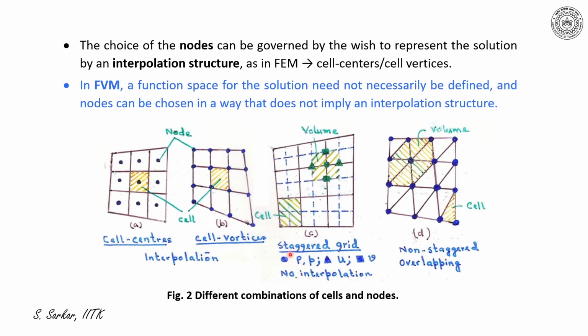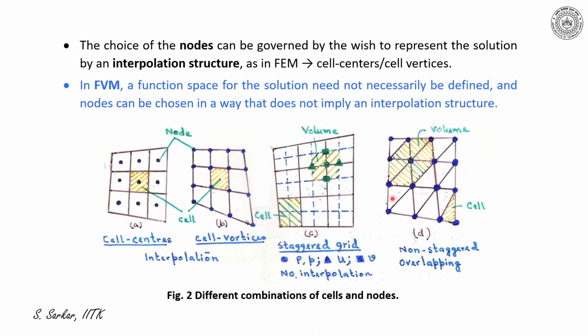Suppose we consider the structured grid where rho, P, T, temperature are stored at the center of the cell, while U, V are stored at the surface of the cell. By this staggering, we can eliminate the need of an interpolation function to evaluate fluxes at the surface of the cell.